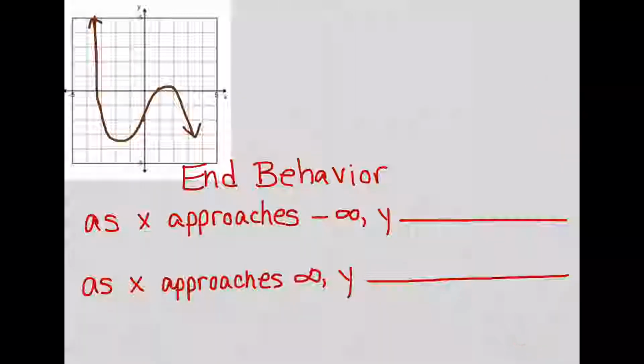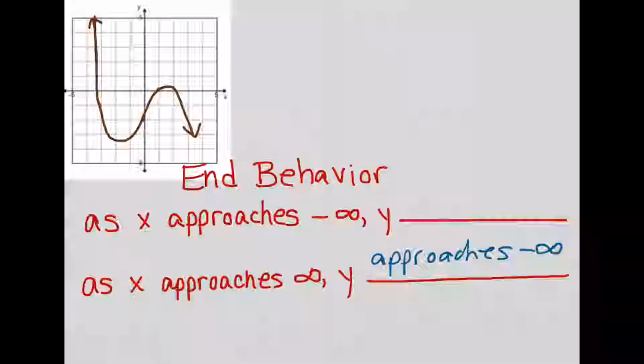Well, it's going to be way farther down. So as x approaches infinity, as I keep going out far to the right, my function y will keep going down farther and farther and farther. And so for this one, as x approaches infinity, y approaches negative infinity because it's going down.